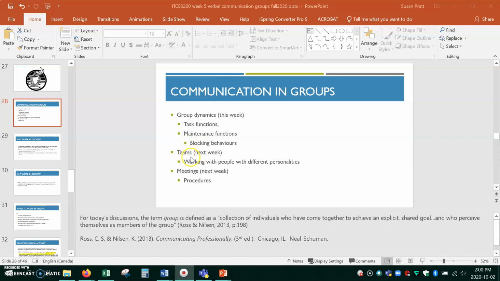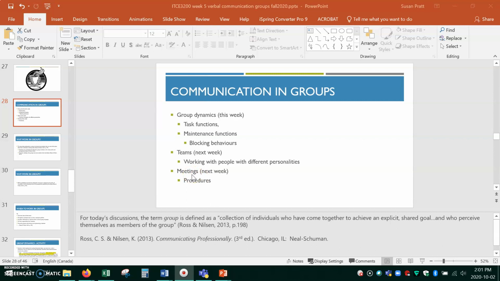And then next week, during the first hour of class time, I'm going to give you an activity to do during our synchronous class, where you will learn a little bit about your personality style and how you work in a group because of your personality style. And I'll also have some information about meetings next week.